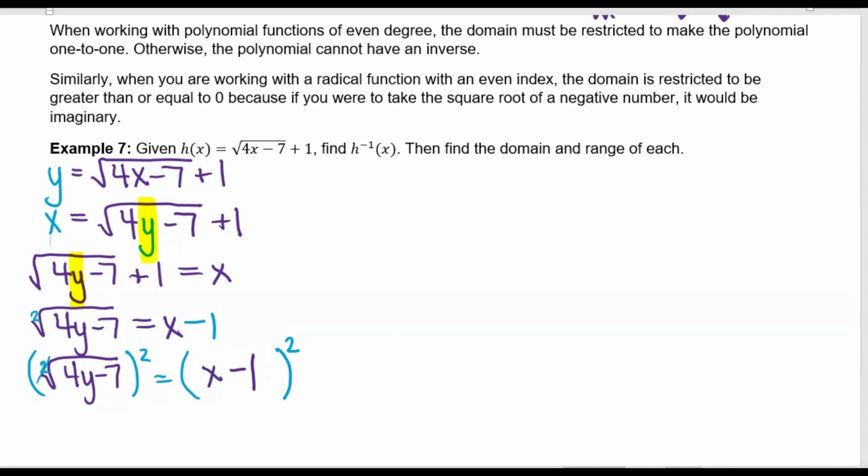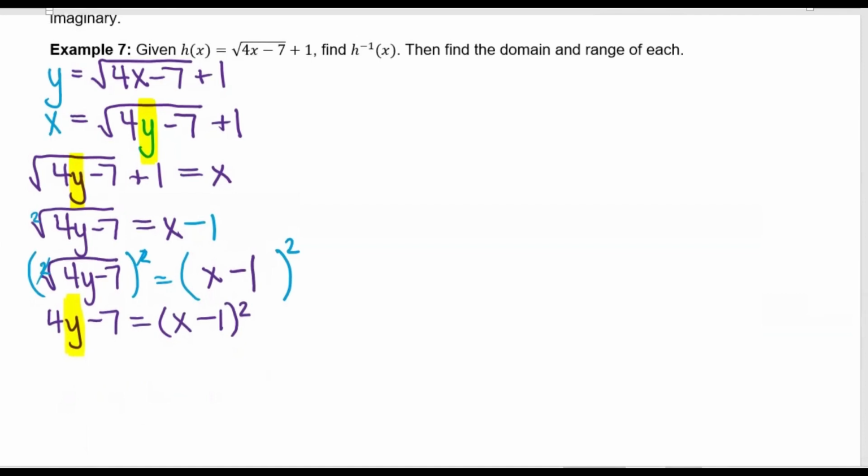On the left-hand side, my square and my square root take care of each other. So I have 4y minus 7 is equal to x minus 1 quantity squared. And keep in mind that we are solving for y. So we need to add that 7 to both sides.